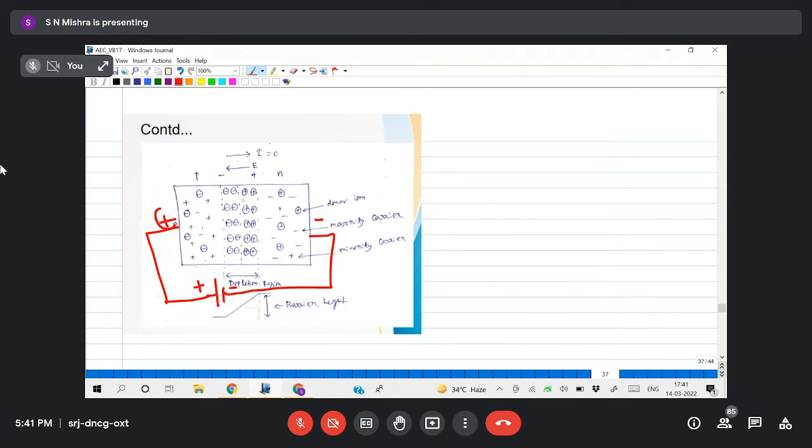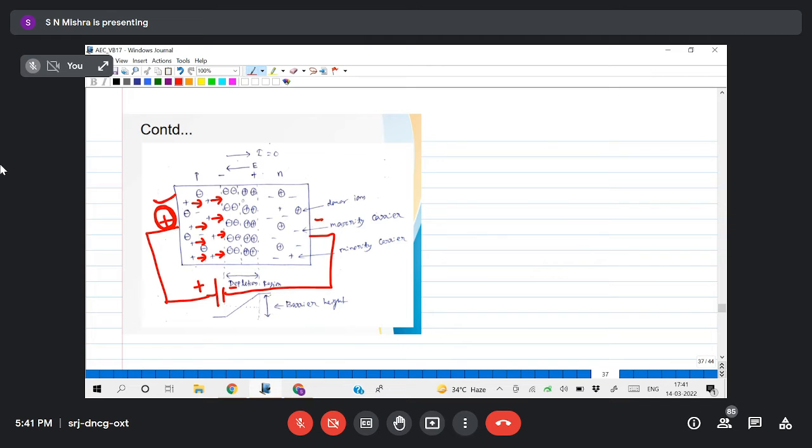This positive potential will repel the holes towards the right side. Yes or no? Yes, sir. So when holes are repelled, they try to move in this direction. As I increase the potential, the holes will move to the right side.